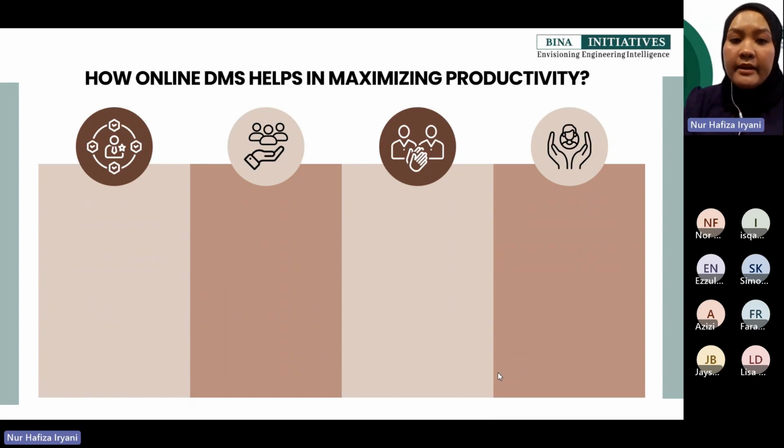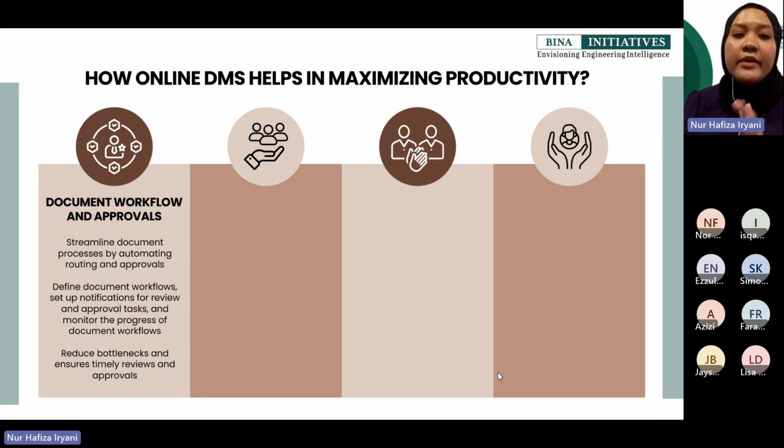All right, and then next, we have document workflow and approvals. Like the previous challenges where we cannot streamline the processes for routing and approvals. Using EDMS, it can help to streamline document processes by automating routing and approvals, and users can define the document workflows. They can set up notifications for review and approval tasks.